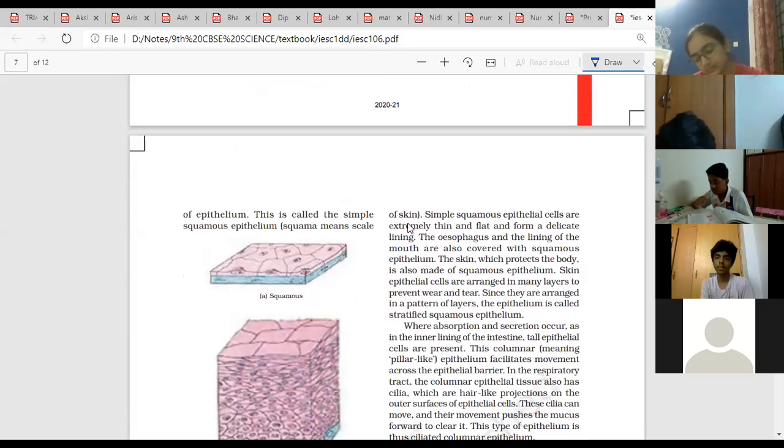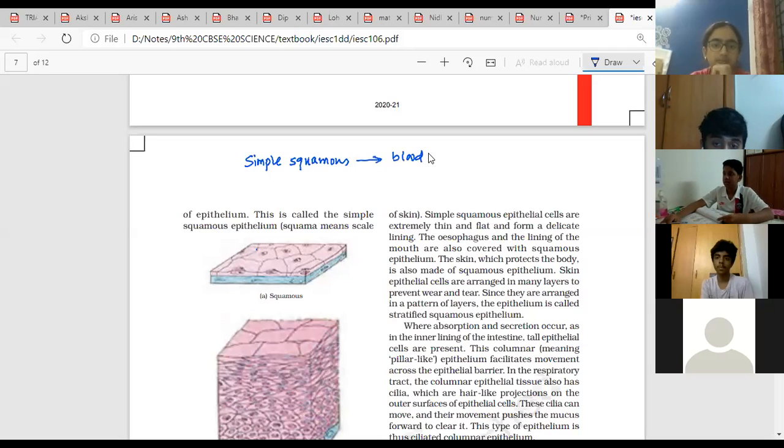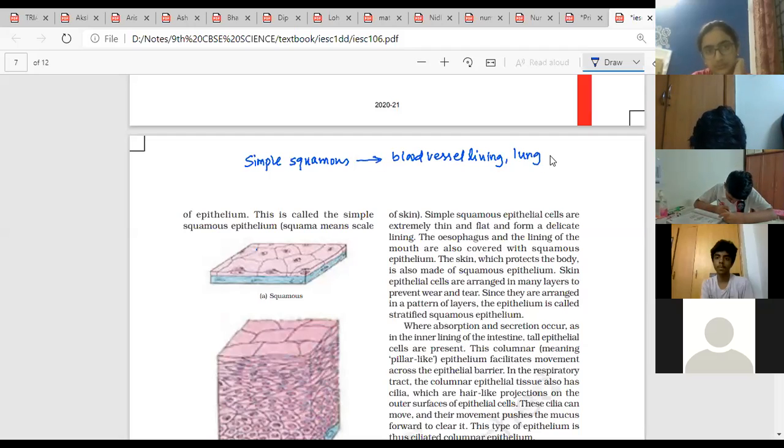Squama means scale of skin, a skin-like structure, thin and flat. This is a flat structure. This is called simple squamous. Where are they present? Blood vessel lining, lung alveoli.